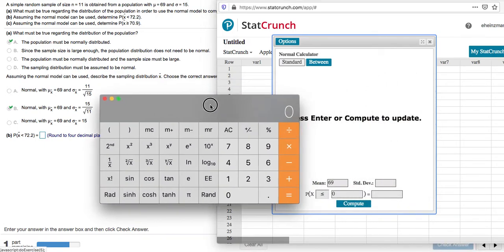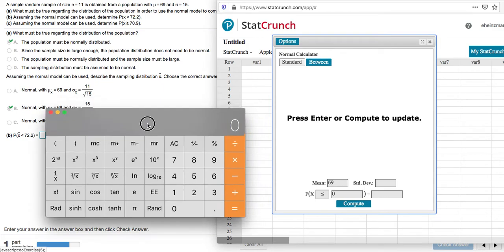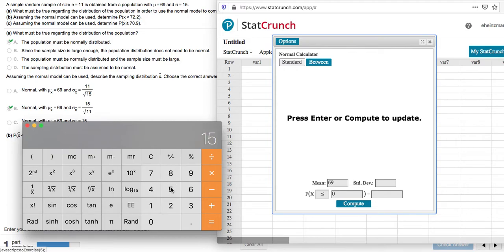So here's my calculator. Okay, again, to get this, we'll take 15 and divide by the square root of 11. I'm going to open a parenthesis. I'll first type in 11. If I hit the square root button, this is the square root of 11.